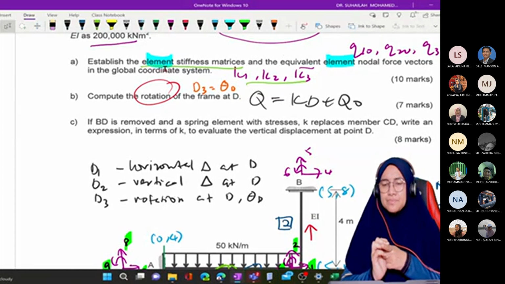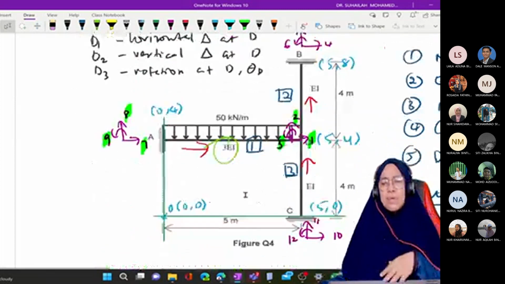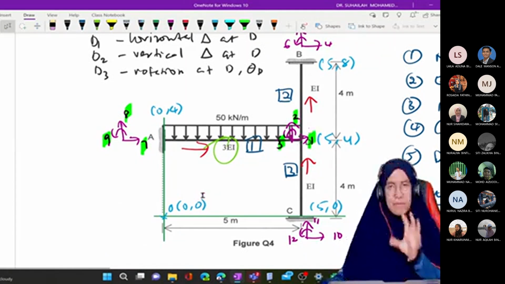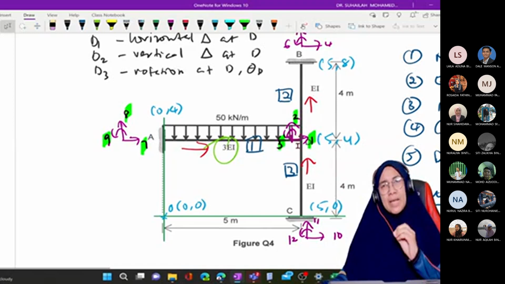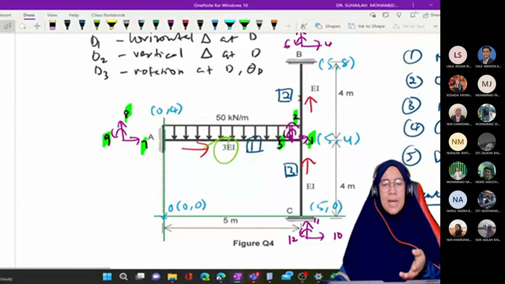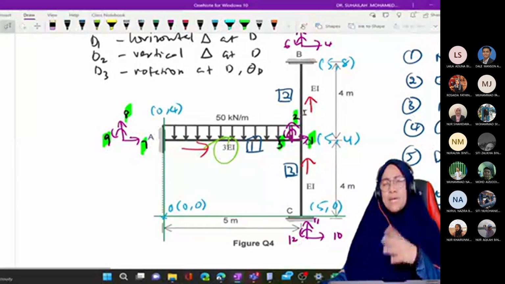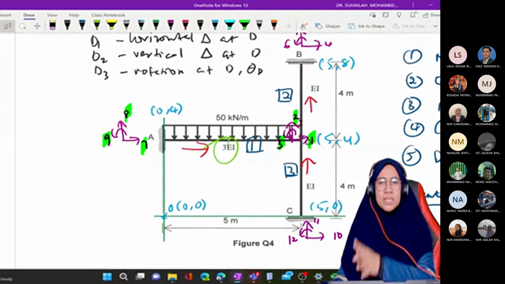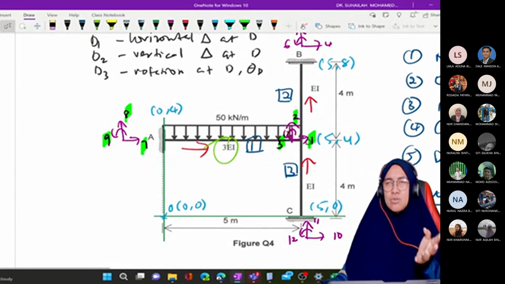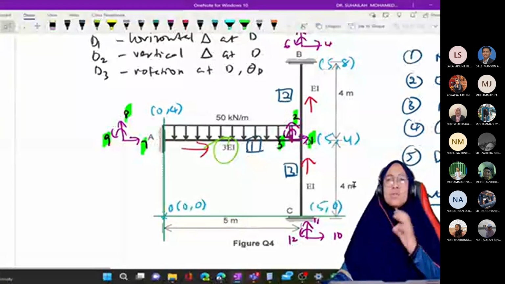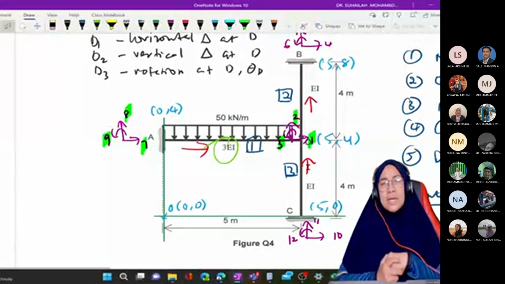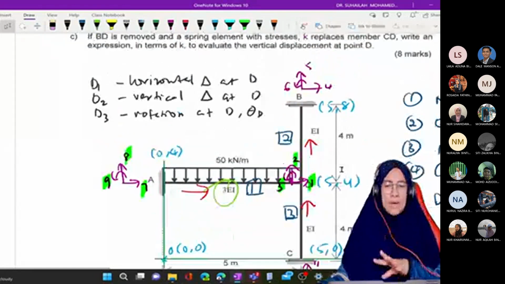In this case it is quite simple because this frame only has horizontal and vertical members. But if there is an inclined member, you must have the coordinates to get CX and CY. For a horizontal member, it is either CX 1, CY 0, or for a vertical member, CX 0, CY 1. So we can skip that. But it depends on the arrow. If the arrow is reversed, it becomes negative 1. So complete this.